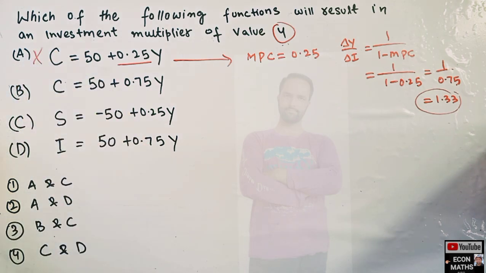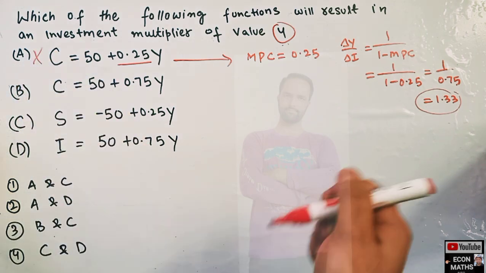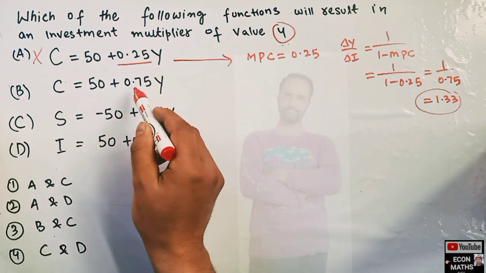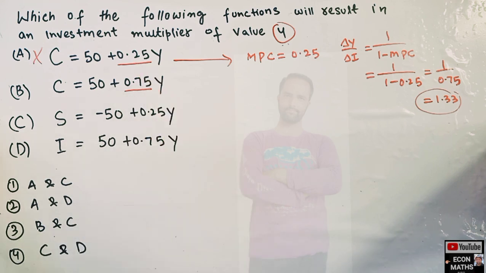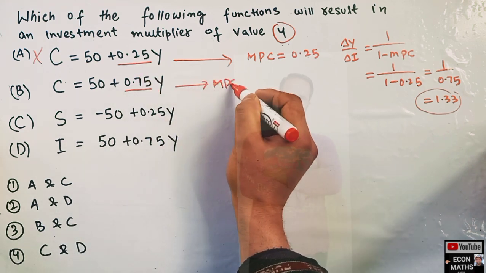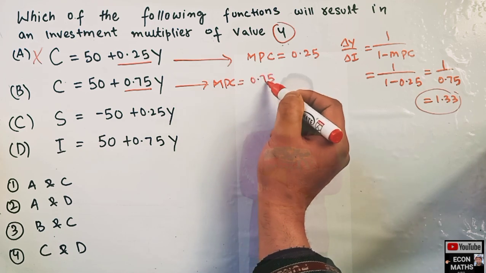Coming to the next option, consumption is equal to 50 + 0.75y. Again, this 0.75 is our MPC. So in this case, our MPC is equal to 0.75.